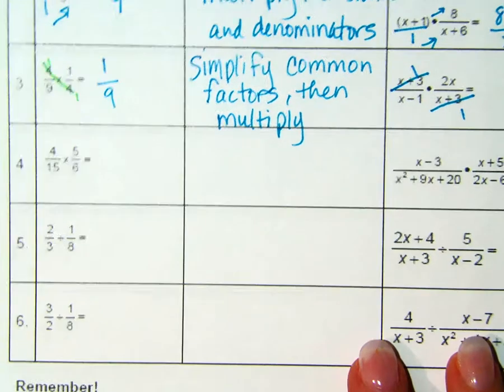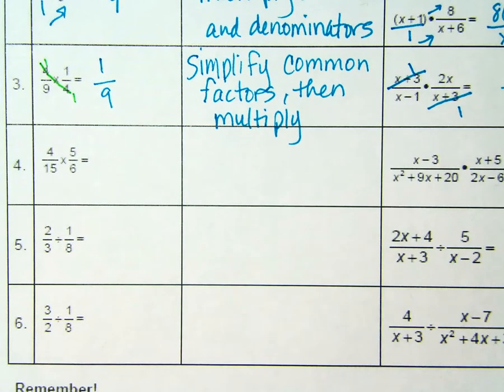What about number 4? We want to simplify the 5 over 15 for sure. Okay? I'm going to write it in a way you may not have seen it before, but it's one of those things where I know where we're going, so I know what I need you to be thinking when we get there. Fair enough?